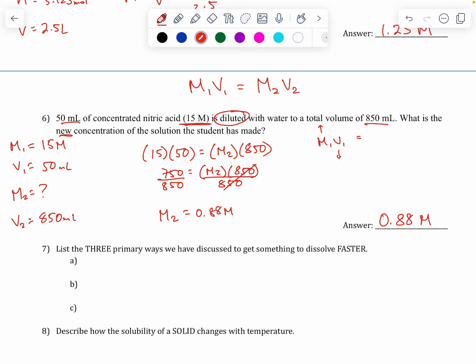To dilute something, you increase the volume in order to decrease the concentration. So we see that relationship holds true: when I increase the volume by 800 milliliters, it's a lot, and it decreased my concentration by a good amount as well.